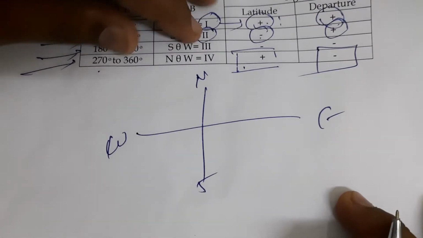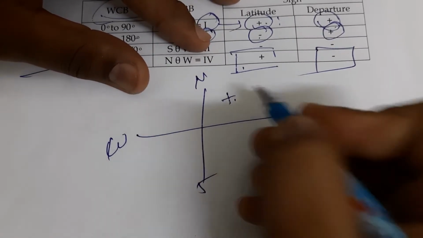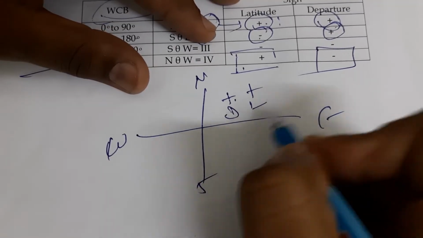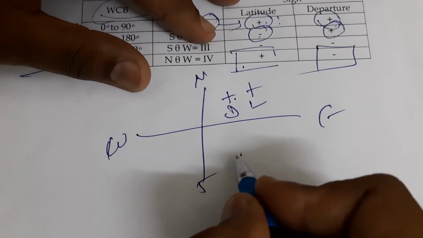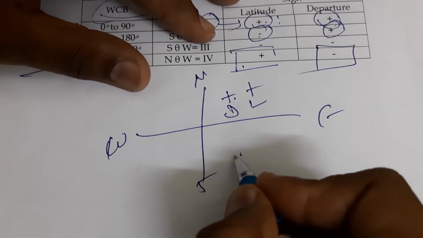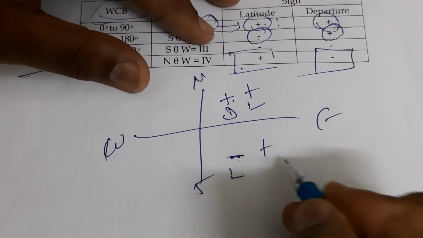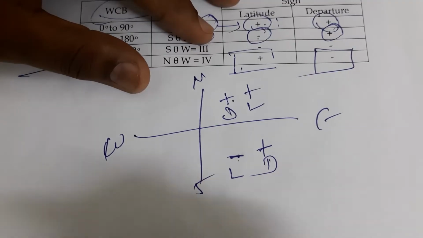In the first quadrant, north is positive and east is positive, so the departure and the latitude are both positive. Similarly for the second quadrant, the direction is south, and south means negative, and east is positive. So the latitude is negative in the second quadrant and the departure is positive.